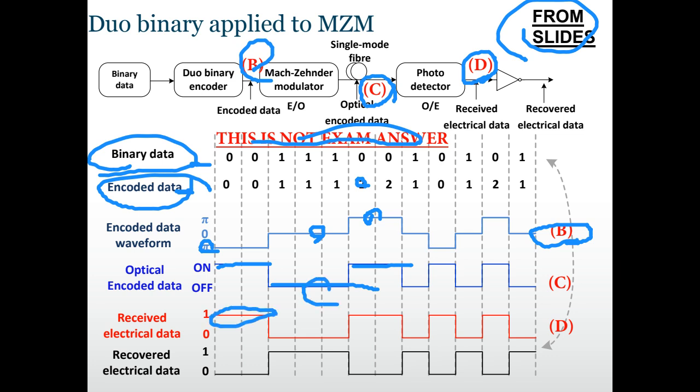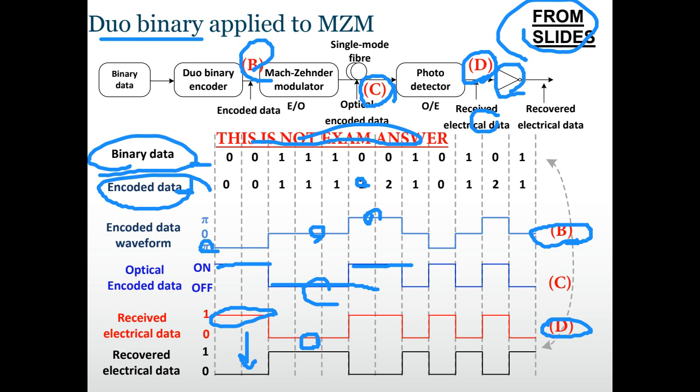So basically we come back to binary bits, binary data. So be careful here for dual binary. In the end, here we have to reverse all the electrical data. So if we reverse this 1 to 0, 0 to 1, then this is exactly as the first line, the data input.